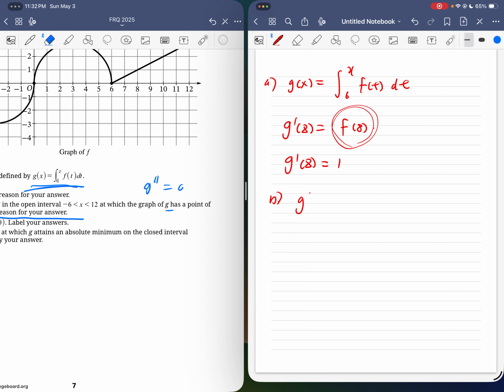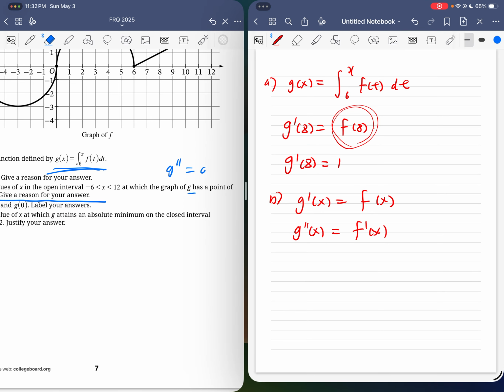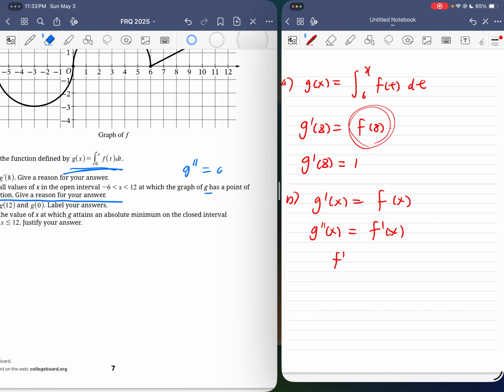We already know g prime of x is equal to the derivative of this, which is f of x, because derivative and antiderivative cancel each other. So you just put this one here times 1 here. Now g double prime of x is f prime of x. So you want to know when f prime of x equals 0, that is the inflection point.